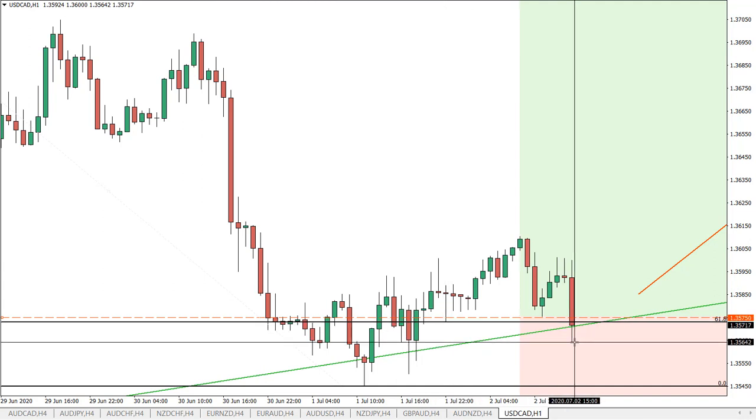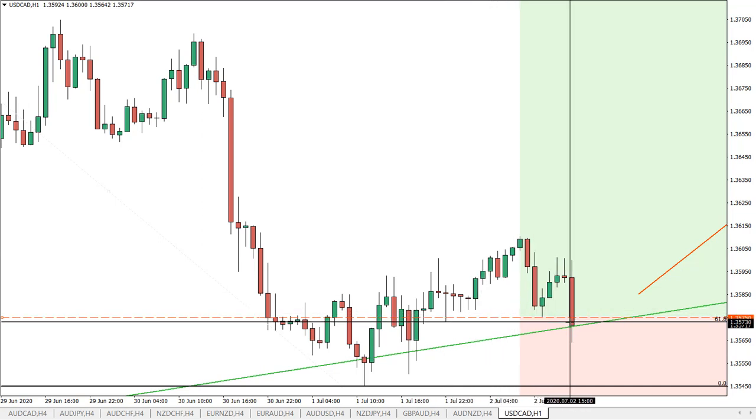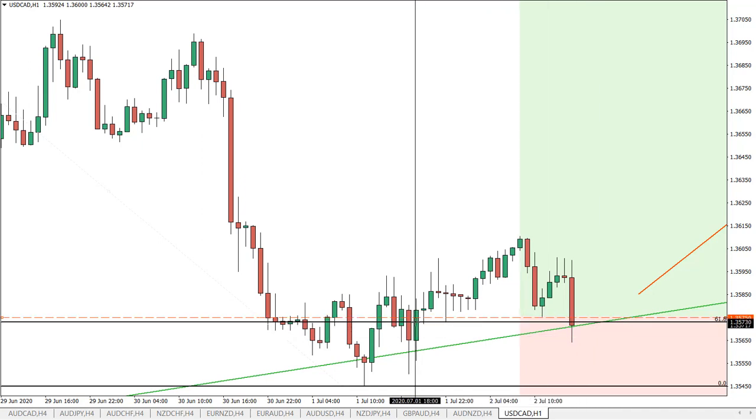And I think the safest way to go with this idea would be to wait until 1 and 4 hour close above this 61.8 at 135.73. So 1 hour or 4 hour and even daily close could be the confirmation, because on daily we need to remain above this.